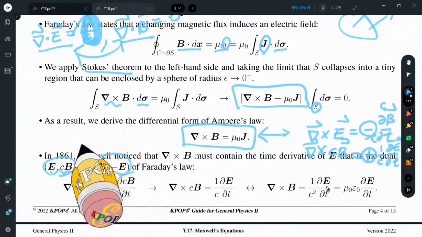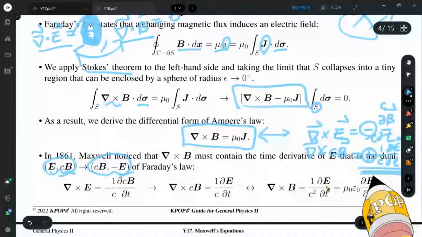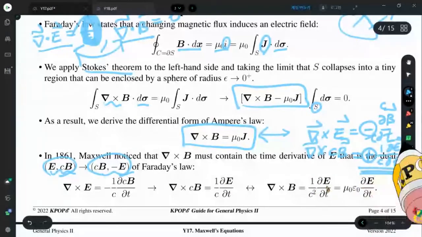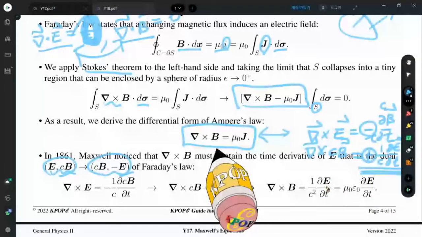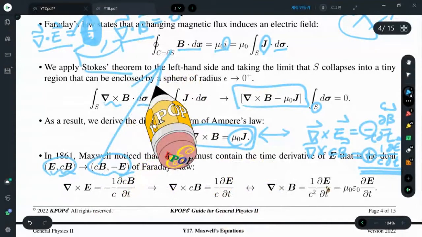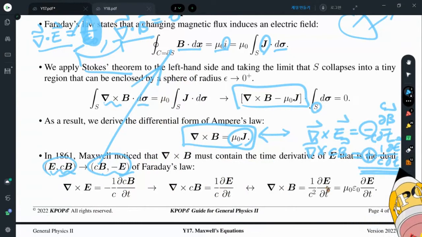So Maxwell claimed that there should be another term, the time derivative of the electric field, that generates the curl of the magnetic field, as well as the actual current along a wire. This is called the displacement current.